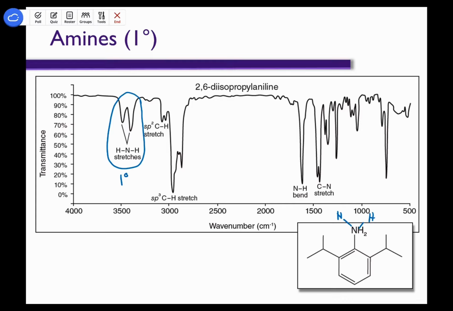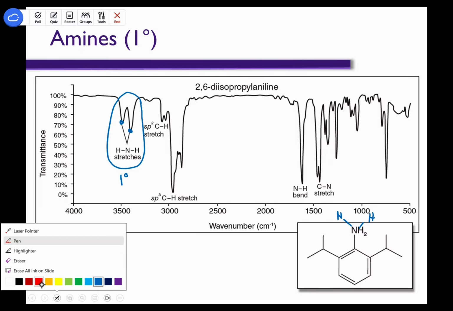It has 2 nitrogen-hydrogen bonds, and it just so happens that it produces a double peak when it's a primary amine. You can remember this because it has 2 nitrogen-hydrogen bonds. The reasoning for this is a little bit more complicated, but remember, 2 nitrogen-hydrogen bonds for those primary amines gives us this double peak. You can look for that characteristic double dip happening there.